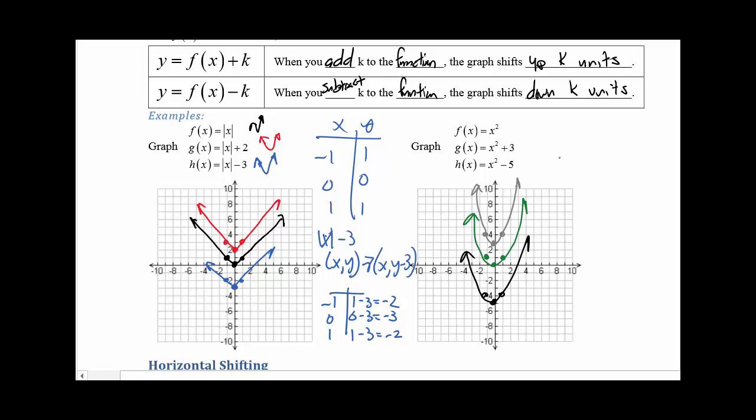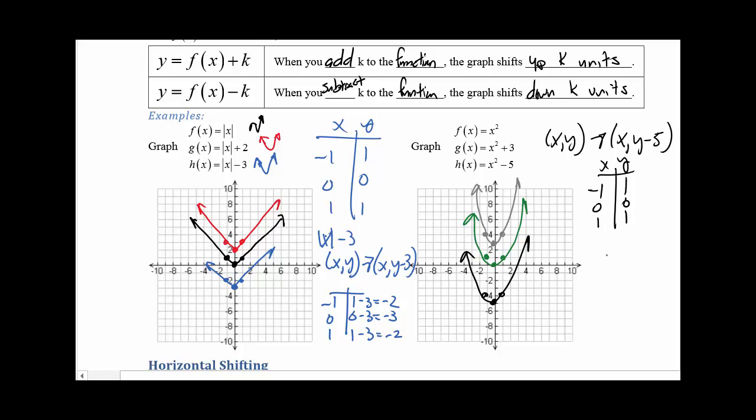And again, I'll just model it with this last one. So with that x squared minus 5, what that does is it takes all of our y values and subtracts 5 from them. So if the parent graph, our main critical points would be those 3 points.